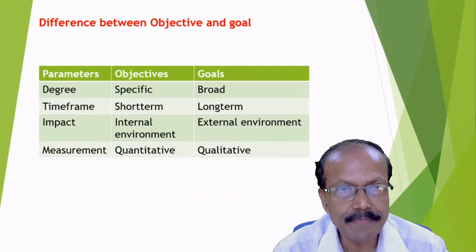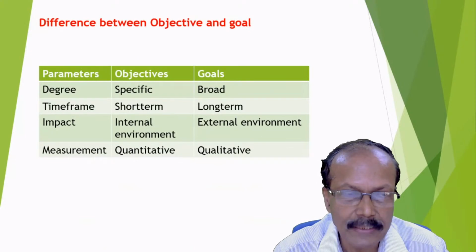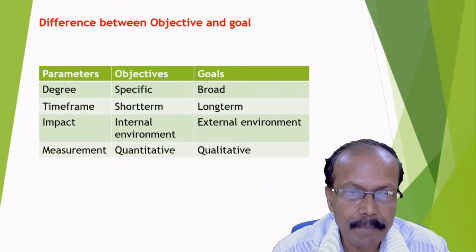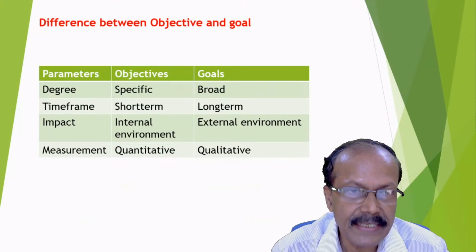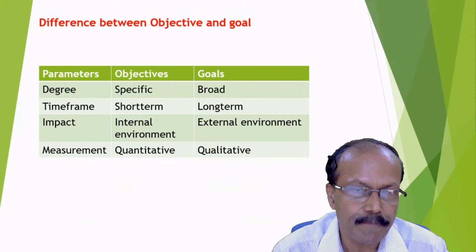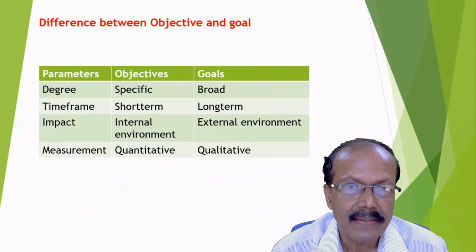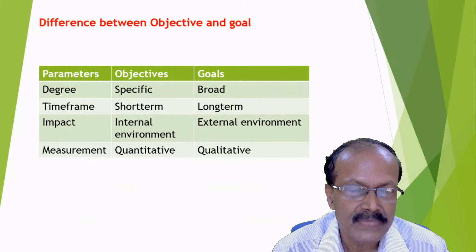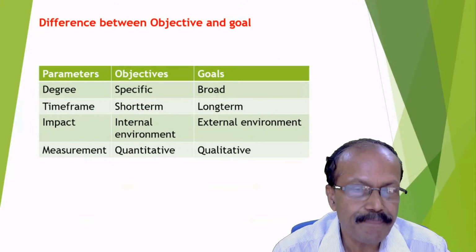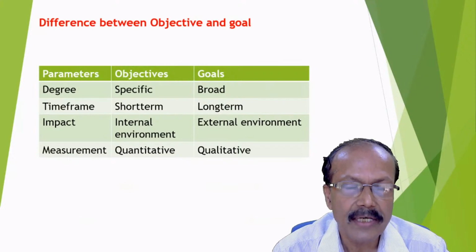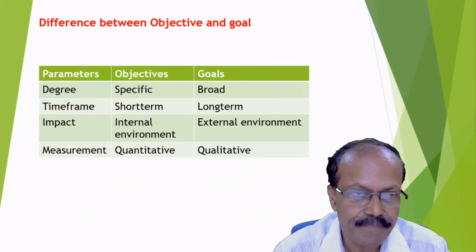If you see the differences between the objectives and the goal, the parameters that we need to compare, with respect to degree, the objectives are specific in nature, whereas goals are broader. With respect to the time frame, the objective is a short-term concept, whereas the goal is a long-term concept.